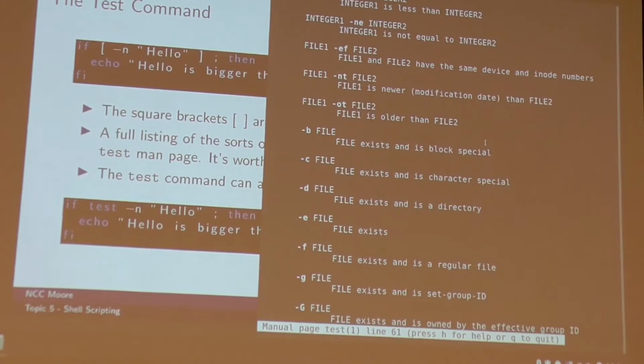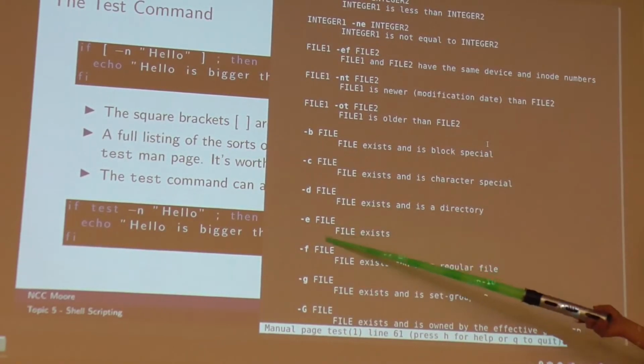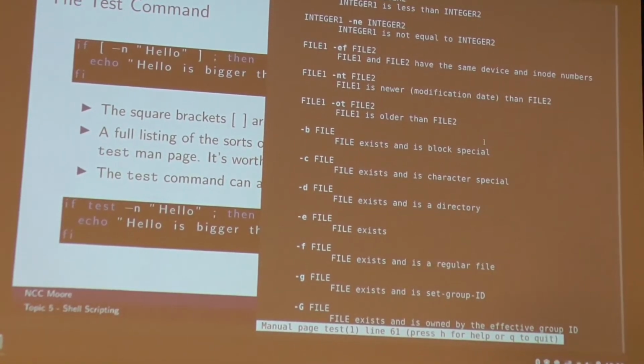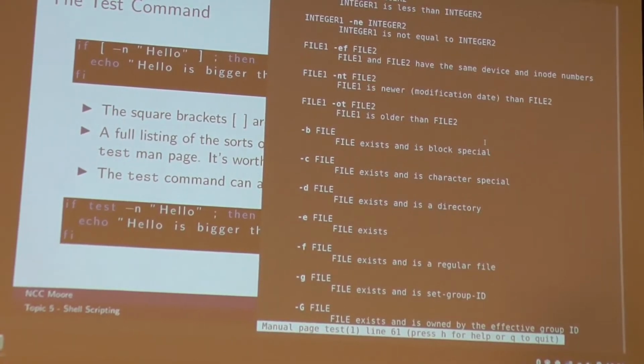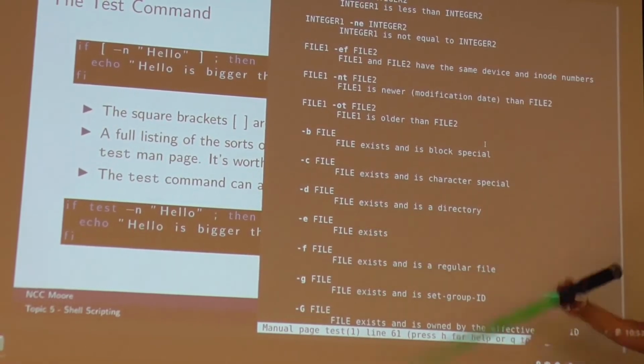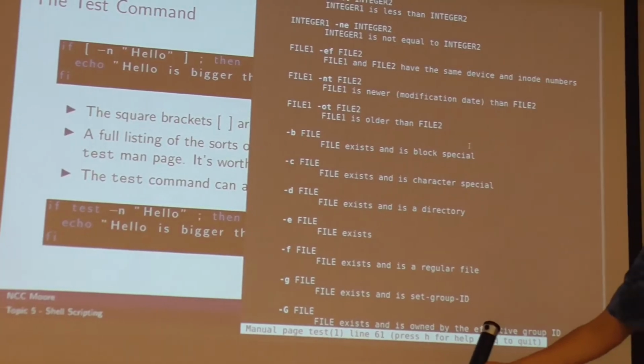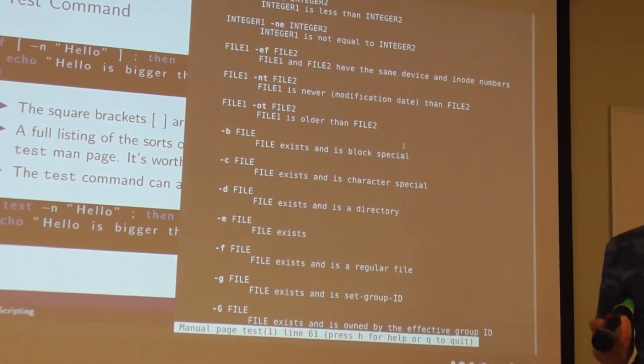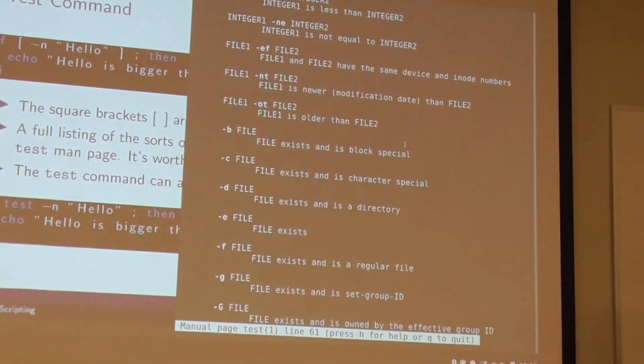So, for example, using this, it would be relatively simple to write a script that creates a file if it doesn't already exist, you know? If file exists, do nothing, otherwise touch file, right? Makes sense, hopefully.